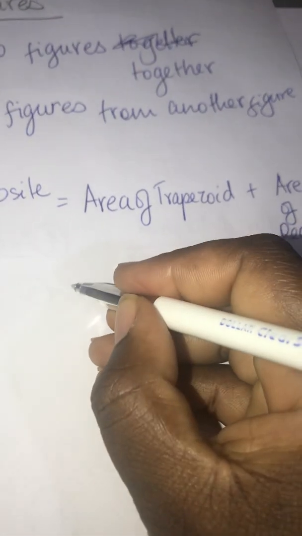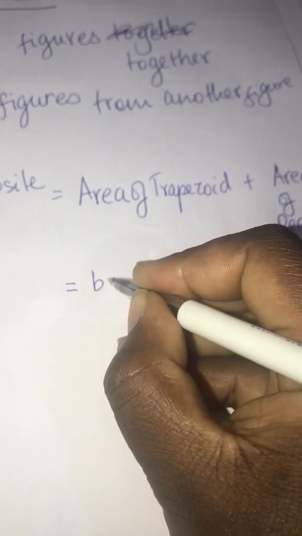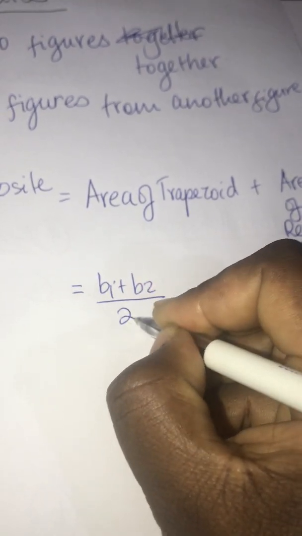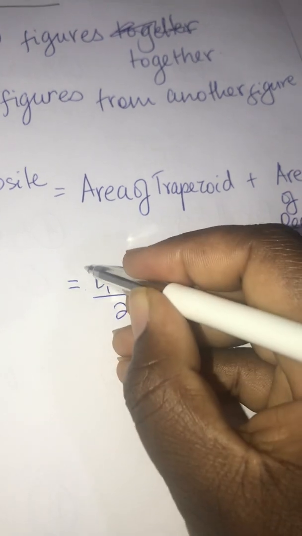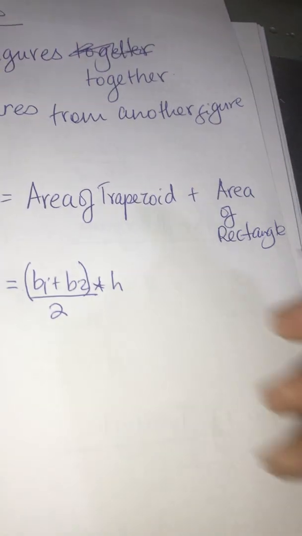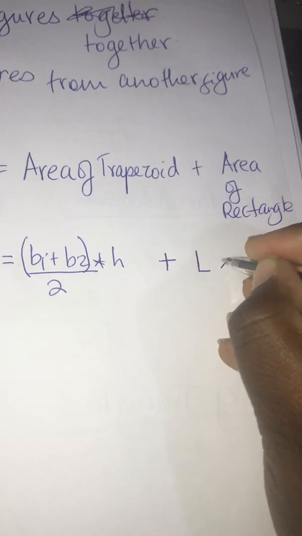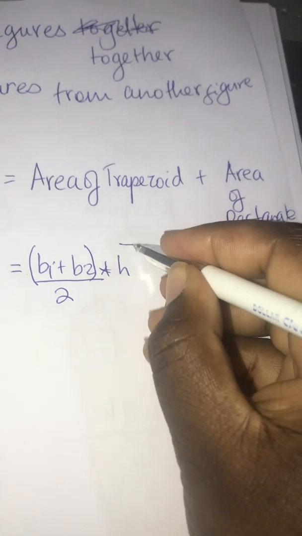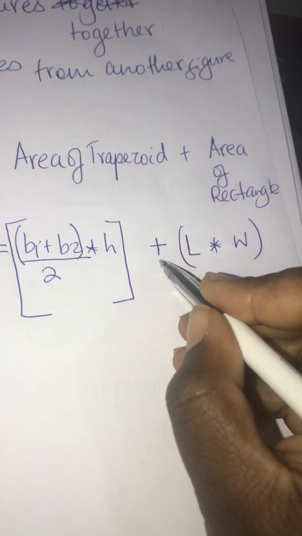Okay? How do I get area of trapezoid? Base 1 plus base 2, divide by 2, multiply by the height. Okay? And then I will add area of rectangle. I find it length times width. So I will put them in brackets because I need to do each one by itself before I add.